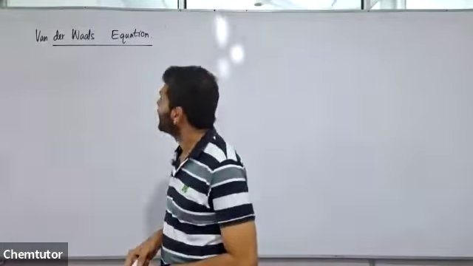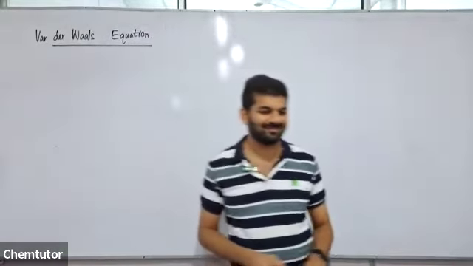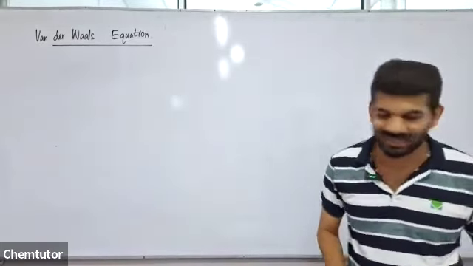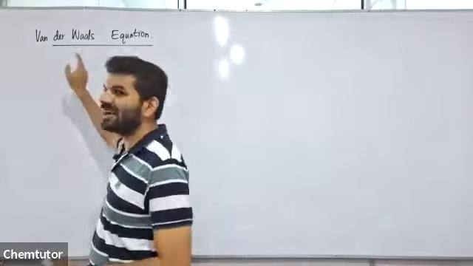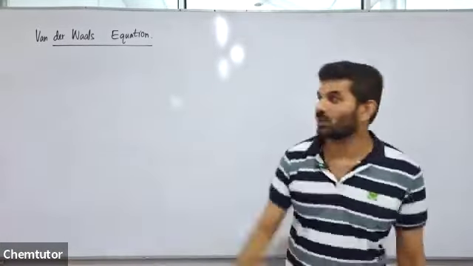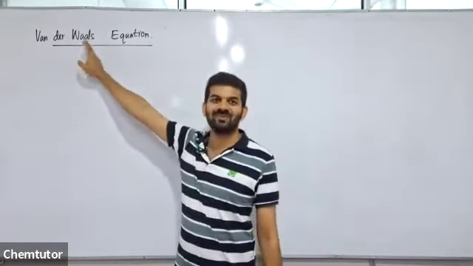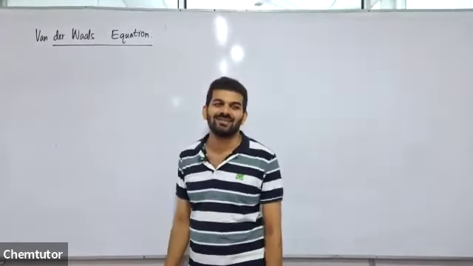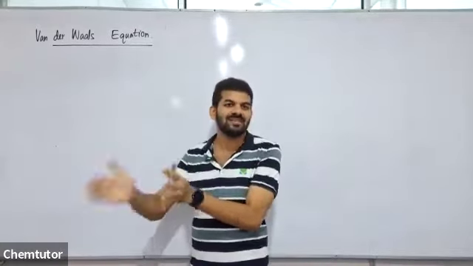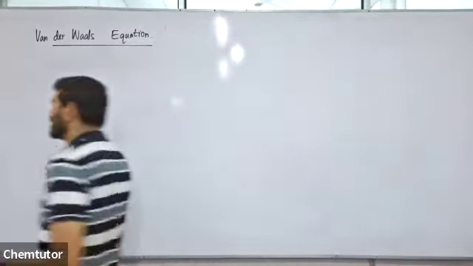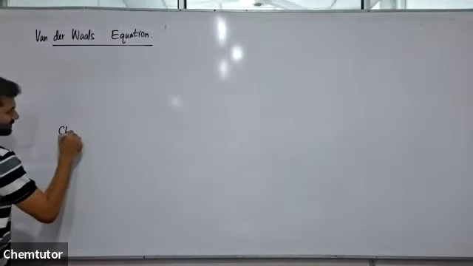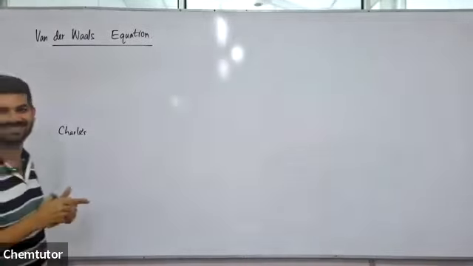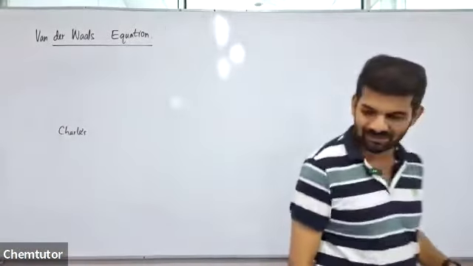Yes, his name is J.D. Van der Waals. It's not an apostrophe thing. It's Van der Waals equation, like Boyle equation, Charles equation. Even Charles is his name.